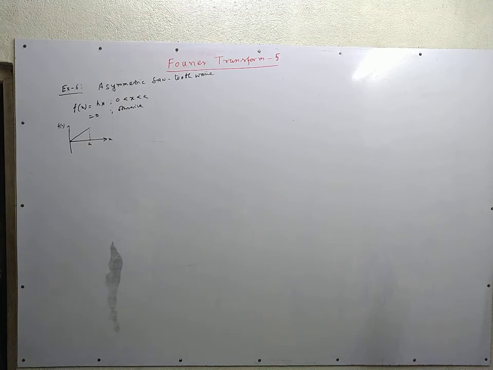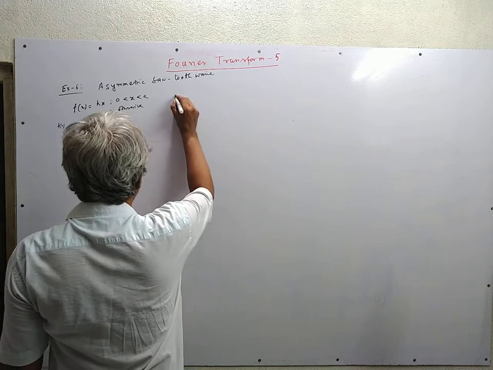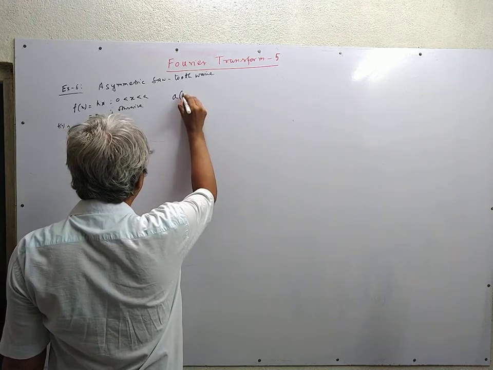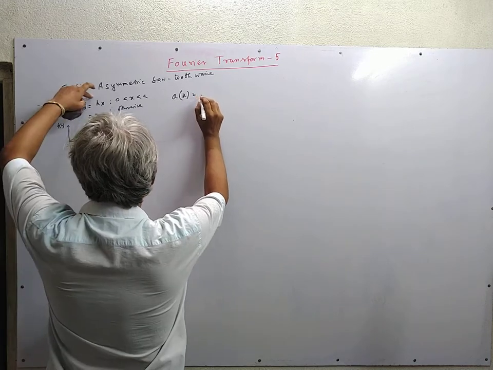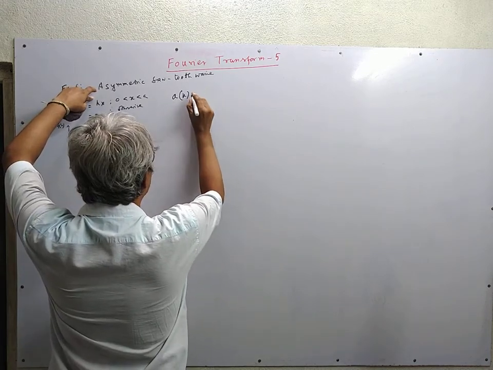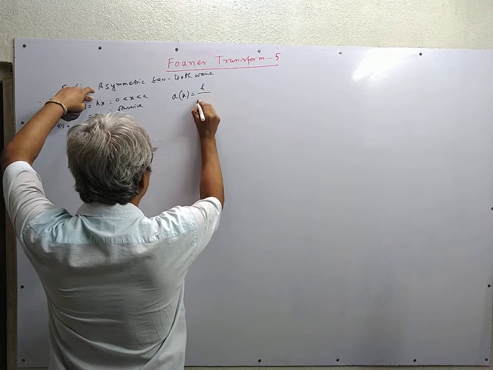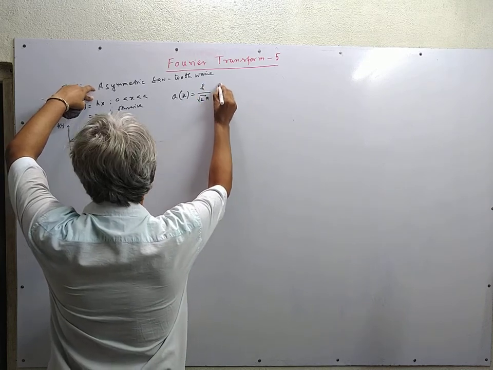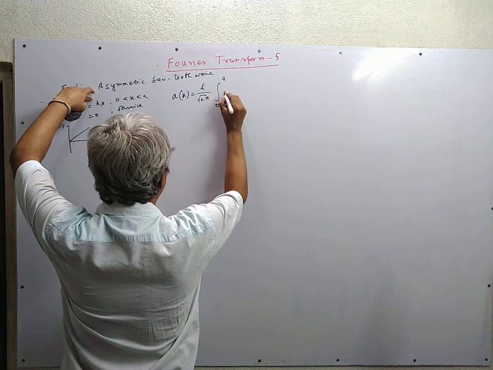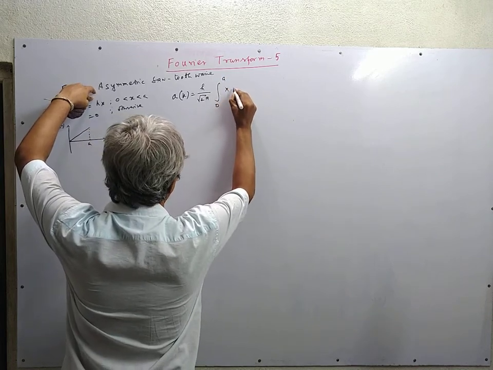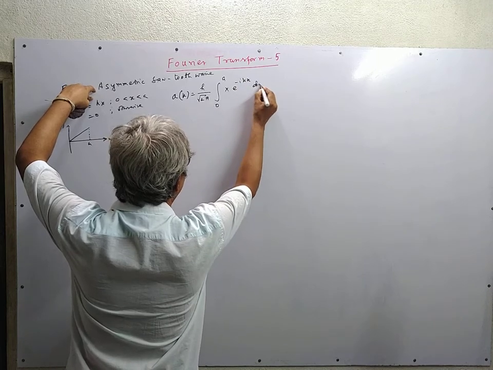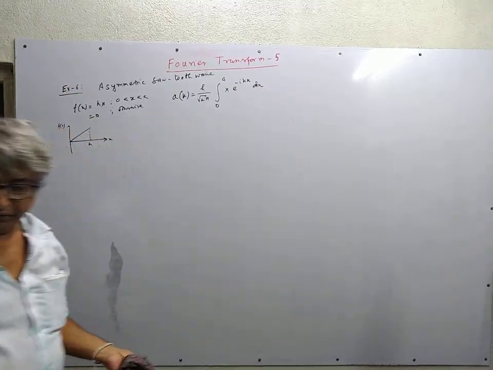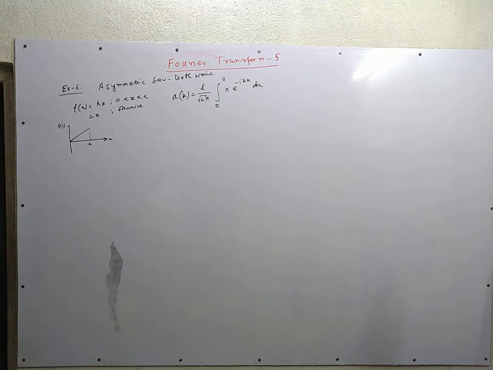And we can calculate a of k. Actually it becomes h upon root 2 pi, integral 0 to a, x e to the power minus i k x dx. On simplification, this gives you a result.